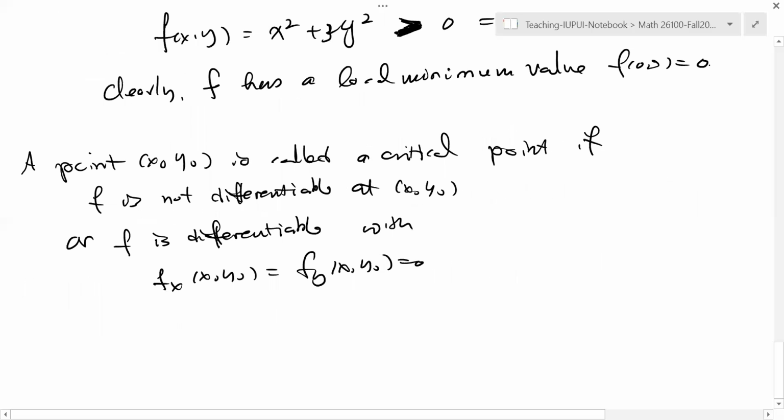This is called a critical point. Then the function's local maximum value or local minimum value only occurs at the critical points.